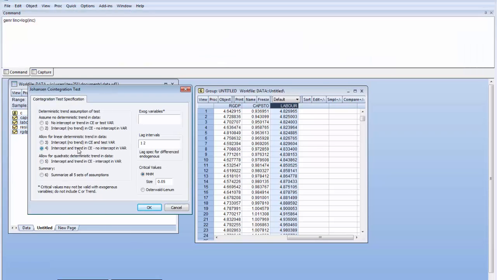Okay, this one, fourth one. Intercept and trend in cointegration equation, no intercept in VAR. So basically, in this case, you should include an intercept in the VAR, but a trend and an intercept in cointegration equation.